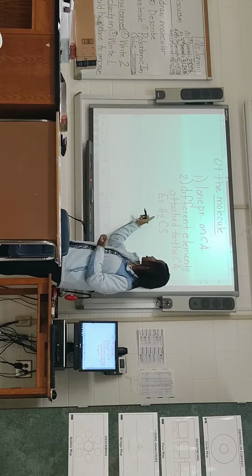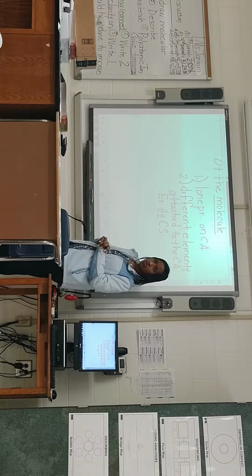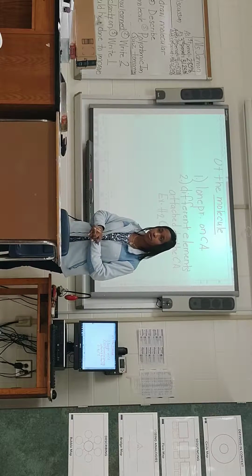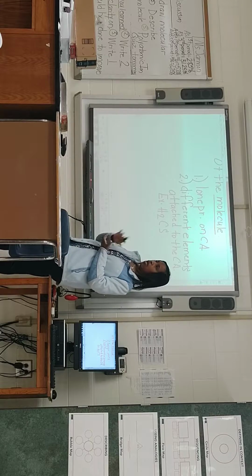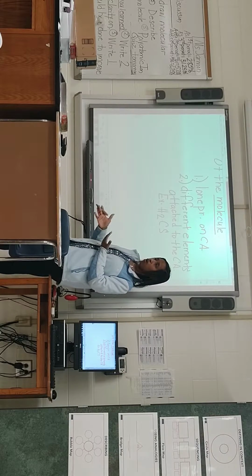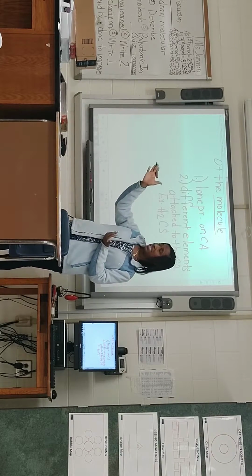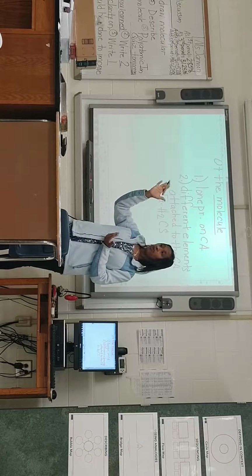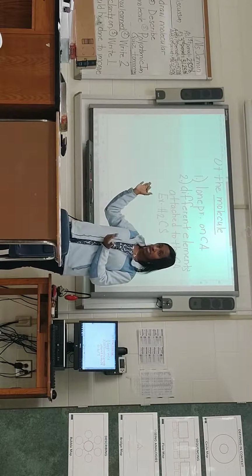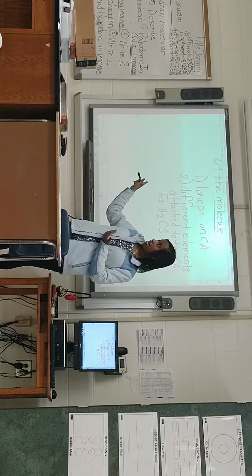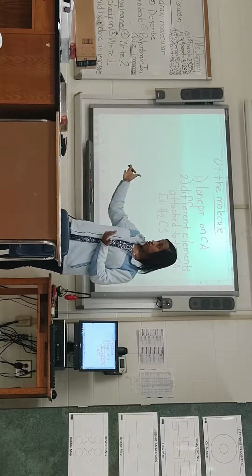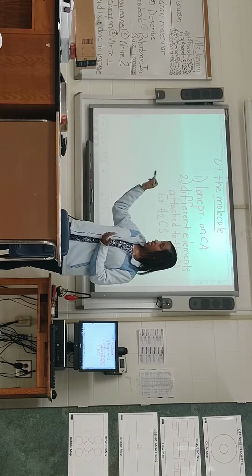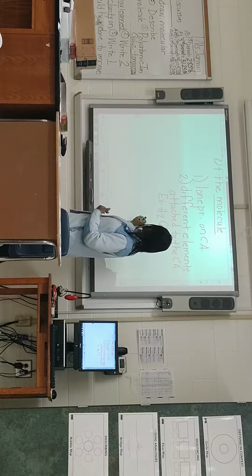The least electronegative. Closer to the left, remember? That makes sense. Your central atom is always the element that is your least electronegative. We've already learned about trends. So the trend is, as you go from left to right, they become more electronegative. Carbon is to the left of sulfur. So carbon's my central atom.